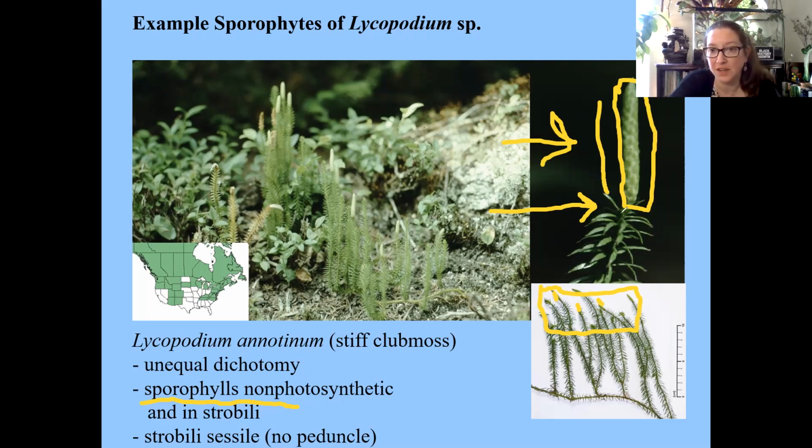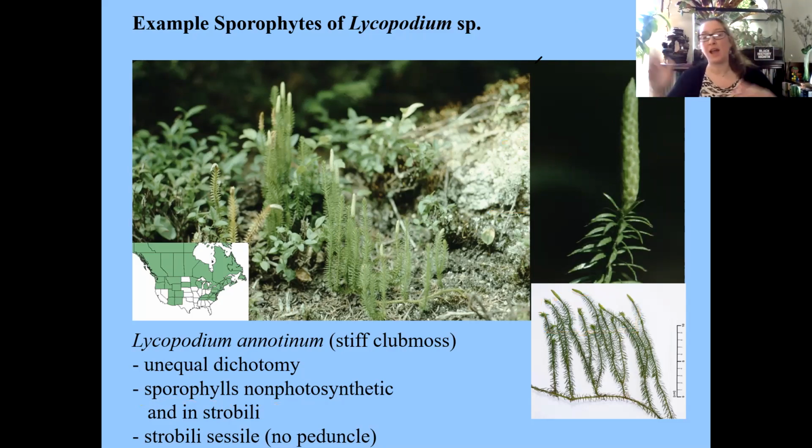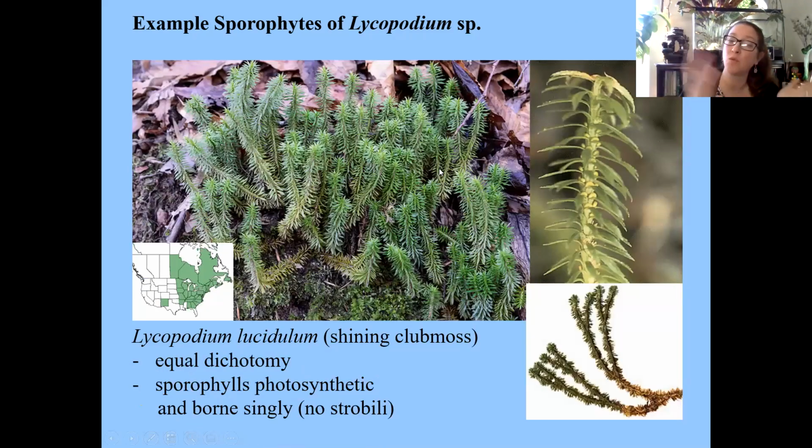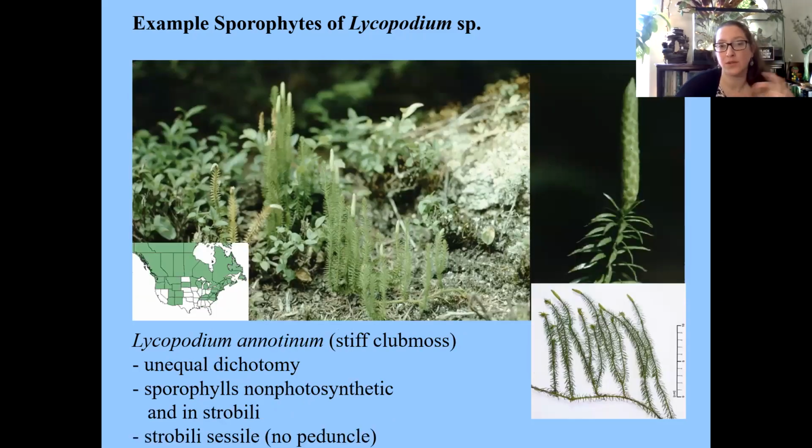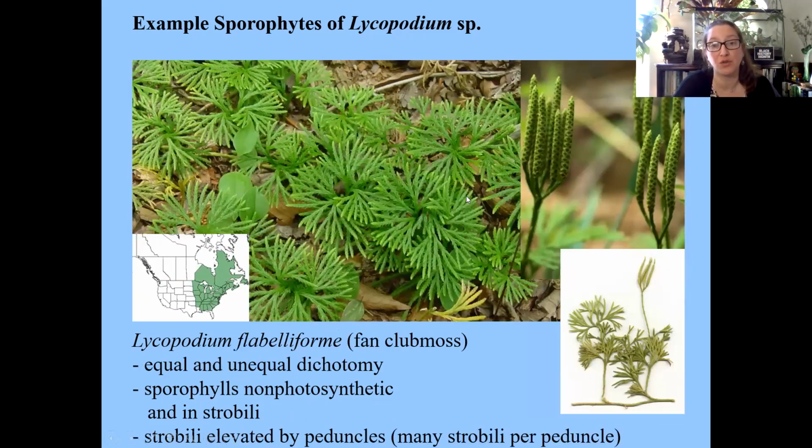It's just sessile, attached to the stem, not elevated on any special little stalk. So in terms of advanced versus primitive, here we have unequal dichotomy, we have a Strobilus and no peduncle. So we could say that this one is more advanced than the one we just saw, but it doesn't have a peduncle, so it's not as advanced as it could be yet in terms of morphological form.